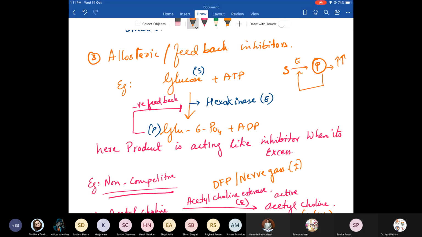See, for example, you're having breakfast and your mama is making some rotis. So you keep on eating, right? And once you feel satisfied, you yourself tell mama, I'm done, I don't need more rotis. It's kind of thing. So the product itself sends a negative signal to the enzyme to stop converting substrate to product because there's too much product already in the body. Got the point?